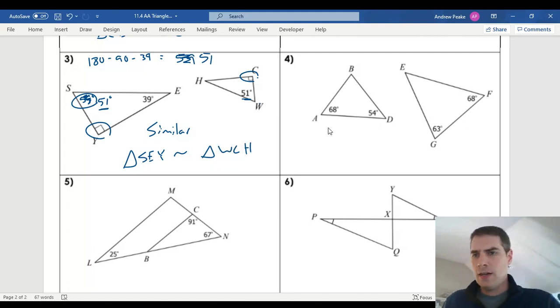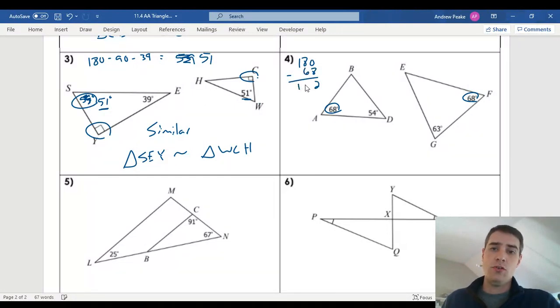All right, so we got the 68 and the 68. Let's find what the third angle is. Same thing here. I know two of my angles. I'll use, how about ABD here? I'll say 180 minus 68. That would give me 112 minus the 54. Sorry, doing a little math here.